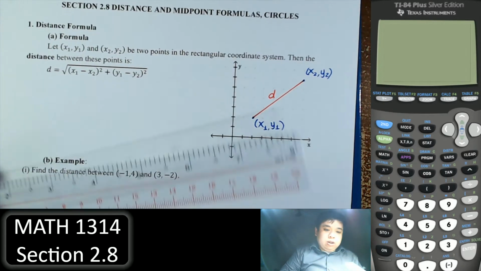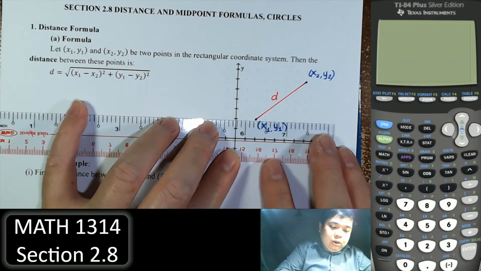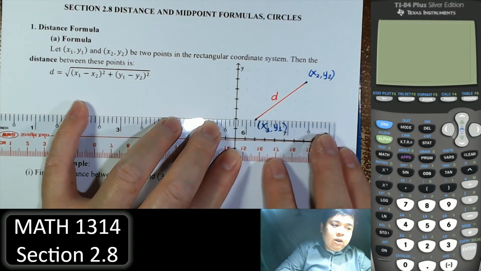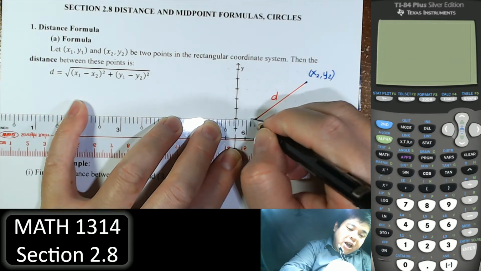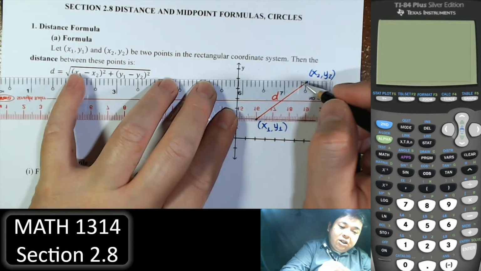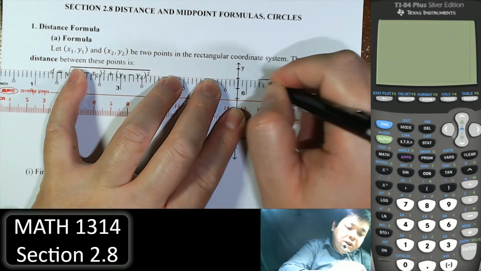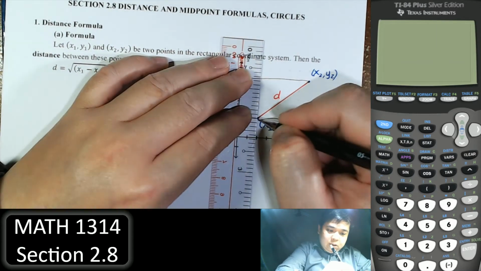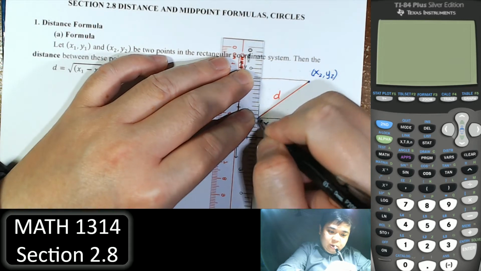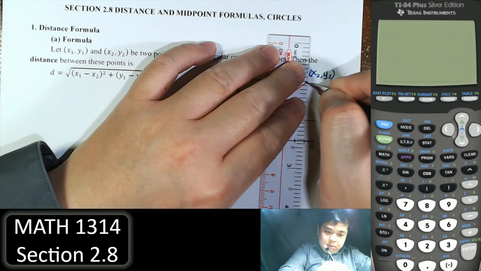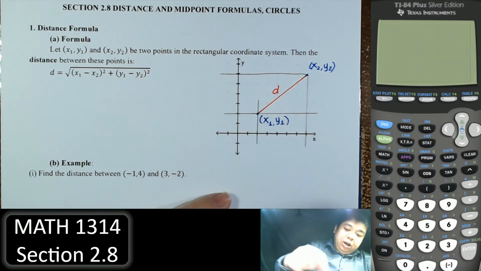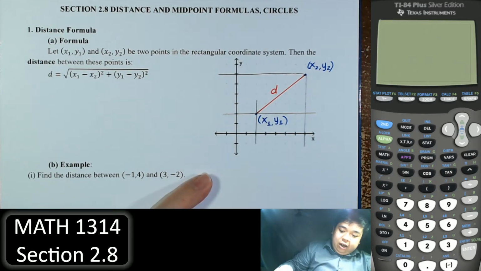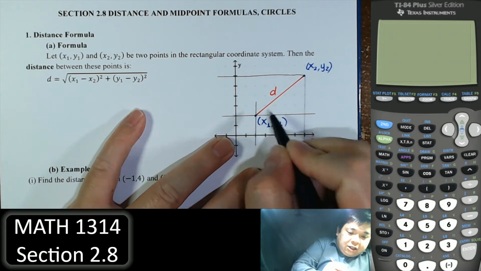So what we do is we draw lines to the x-axis and to the y-axis. From that point, we draw that, and we will have this.